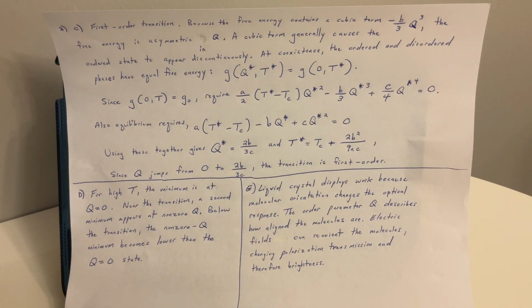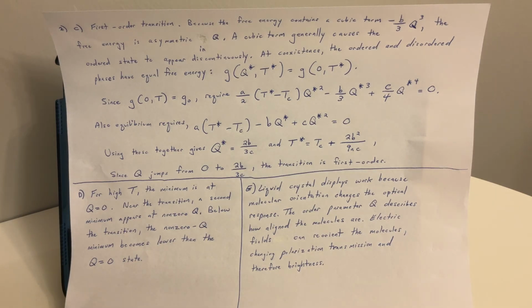Since G of 0, T equals G naught, this requires A over 2 times the quantity T star minus T sub C times Q star squared minus B over 3 Q star cubed plus C over 4 Q star to the fourth equals 0.